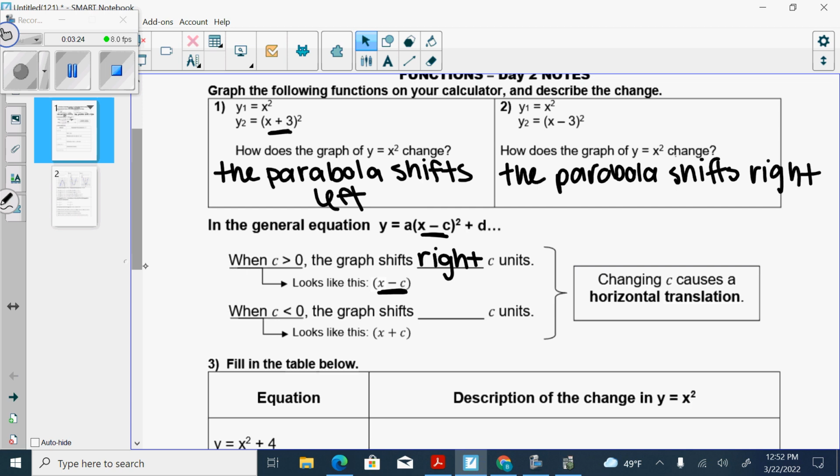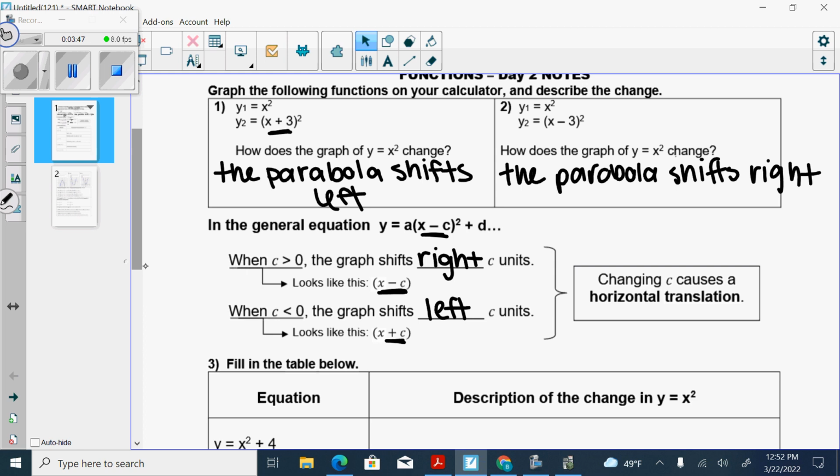If C is less than 0, what that's actually going to look like in the parentheses is x plus C, that's going to move it to the left. So if you notice, here it said that it was supposed to be positive, but in here they put a negative. Here they said C was less than 0, which would mean negative, but in here they put plus, right?